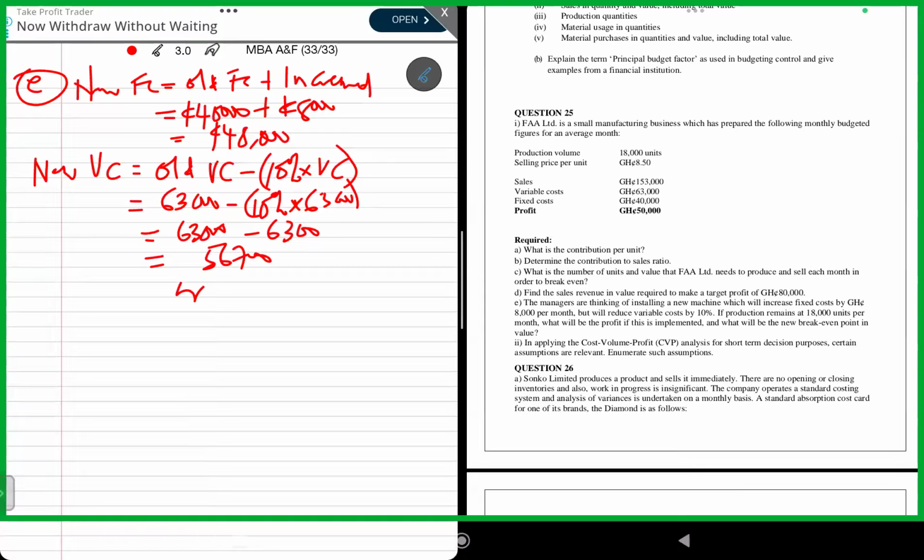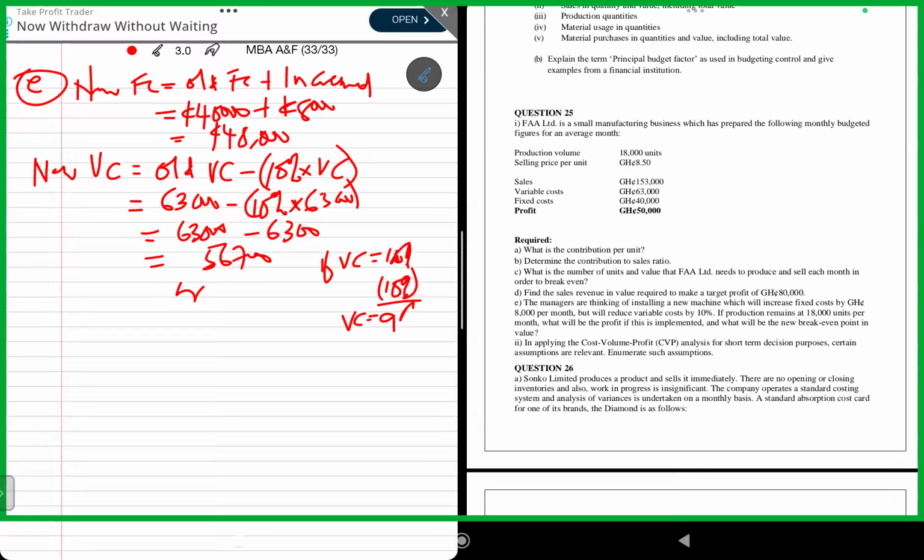If the entire variable cost is 100%, and it says that it will reduce by 10%, what will be the percentage for the new variable cost? 90%.